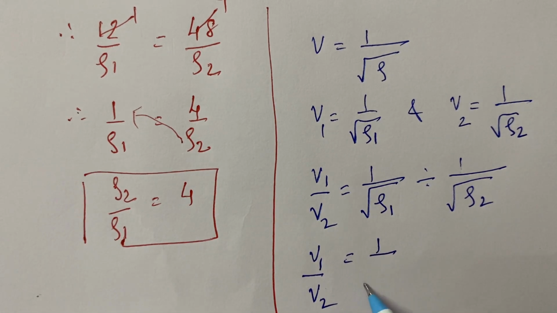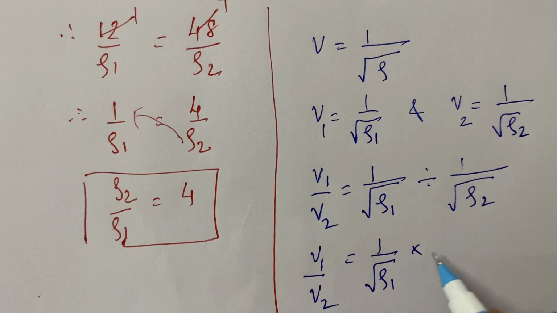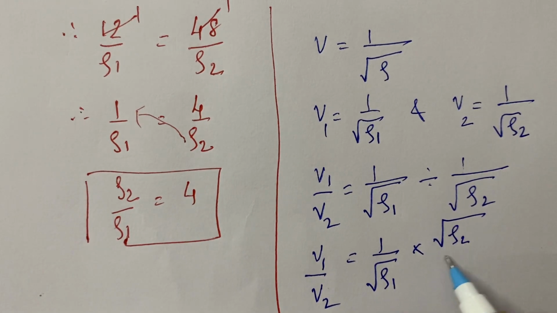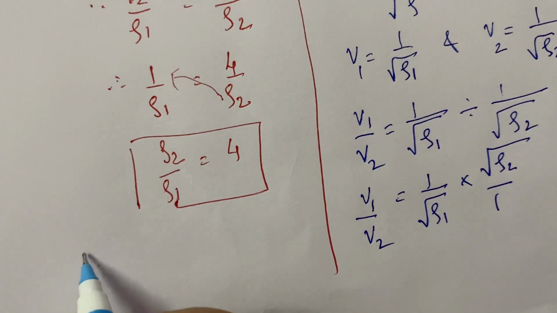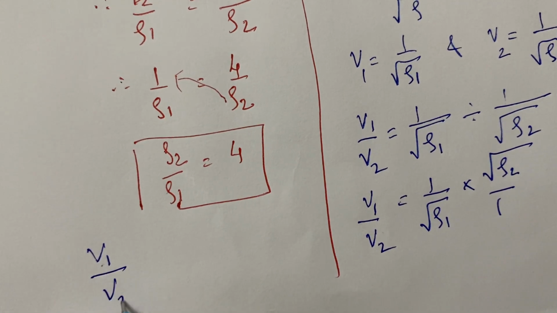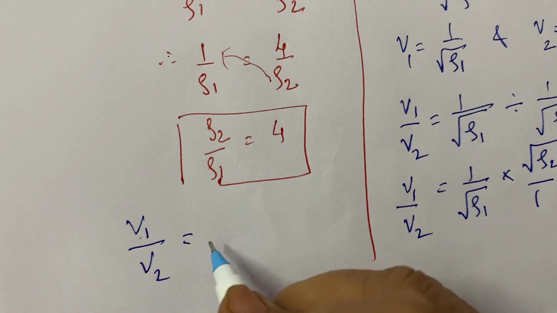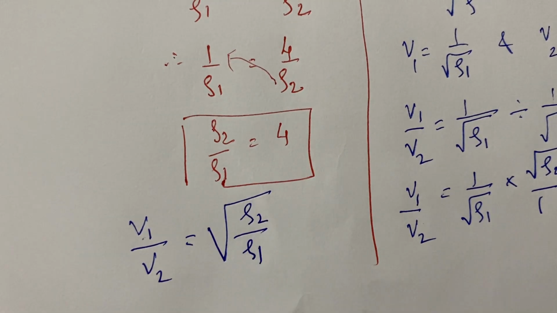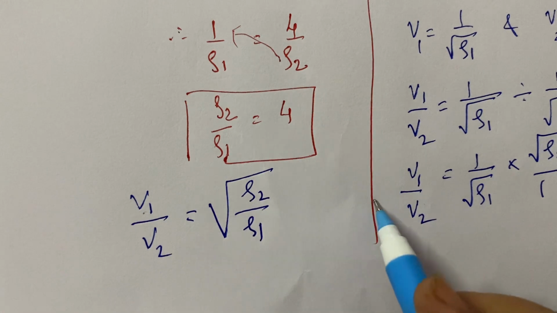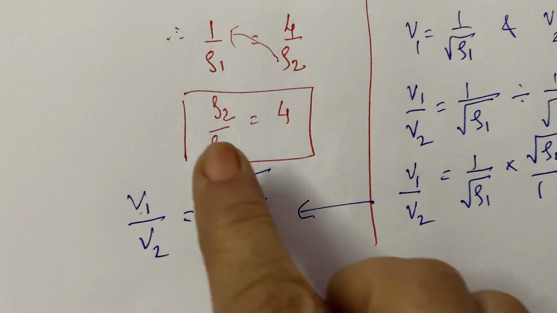So 1 upon square root of rho 1 into square root of rho 2 upon 1. यानी आपका क्या आ गया रिलेशनशिप? V1 upon V2 is equal to square root of rho 2 upon rho 1. Fine? ये यहाँ से.